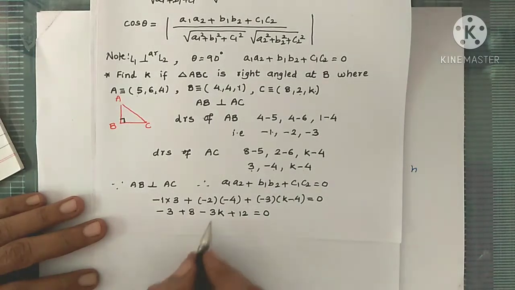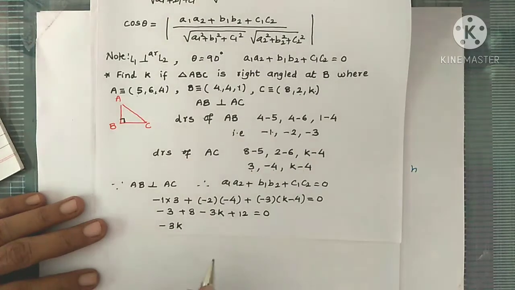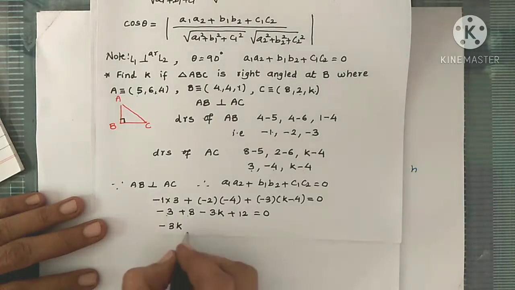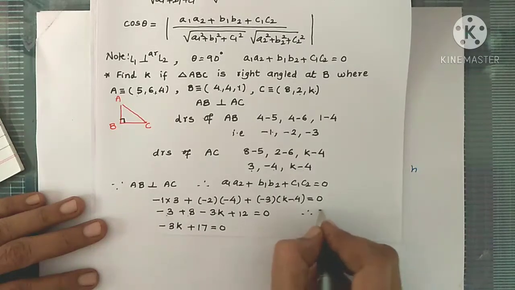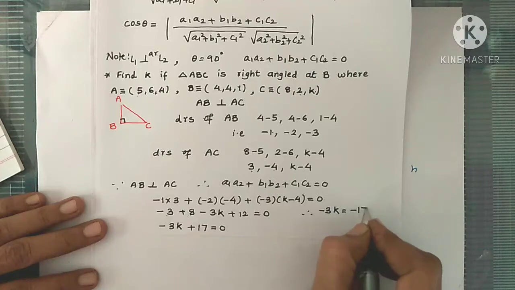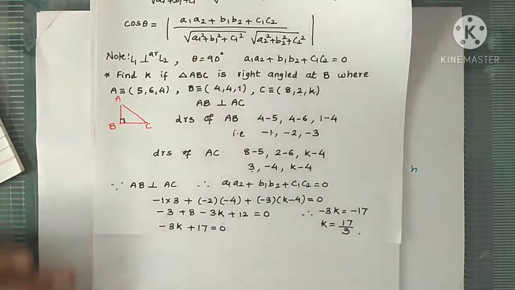The term in k is minus 3k and the constant term is 8 minus 3, which is 5, and 5 plus 12 that is 17, equals 0. Therefore minus 3k equal to minus 17. That means k equals 17 upon 3.